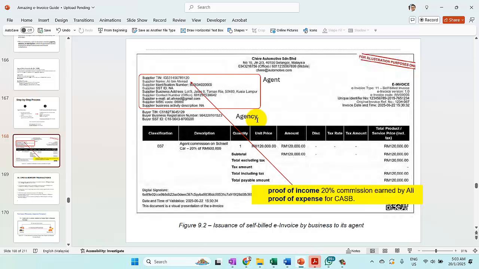So now the agent cannot run away from tax. An agency will definitely issue an e-invoice to prove that that is the expense. And yep, that's it. So now we are clear.